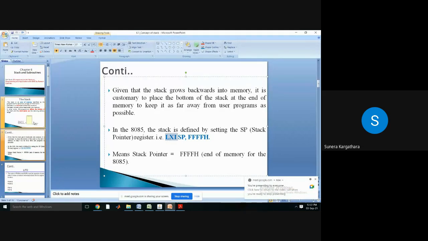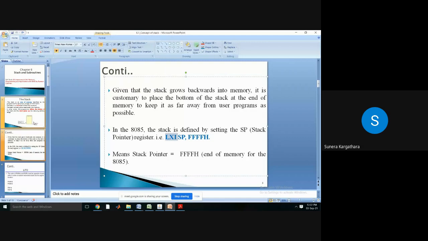Now, we have initialized our stack pointer with the maximum value. We are ready to use the stack. Which instruction can be used so that you can store the data onto the stack, or, if the data is available on the stack, retrieve it? Again, I am repeating, student, what is the use of the stack?